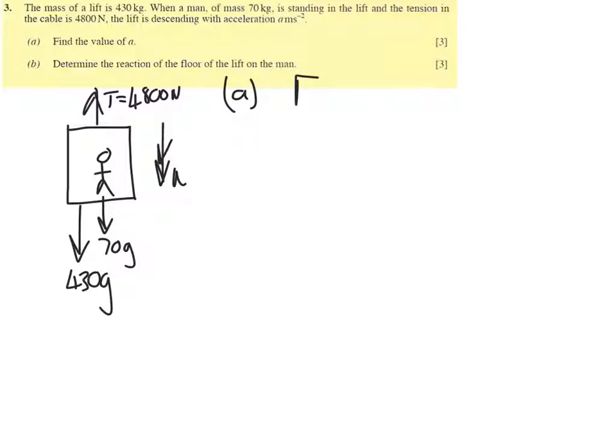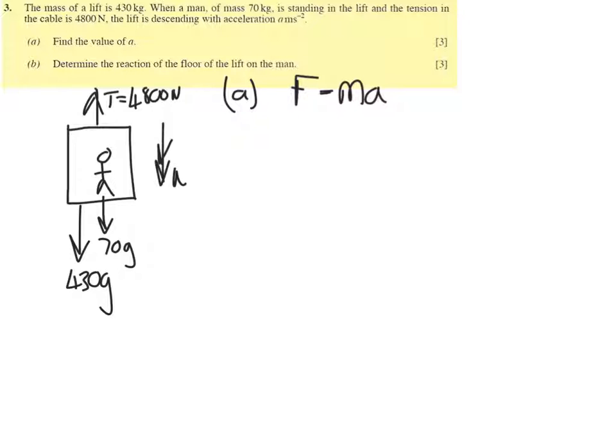Right, so F equals ma. Look at our diagram. Acceleration is going down, so these are also going the same direction, so these are going to be positive. On the F side, when I equate my forces, I'm going to have 430G plus 70G take away 4,800, because I'm looking at the whole lift, the lift and whatever's in it.